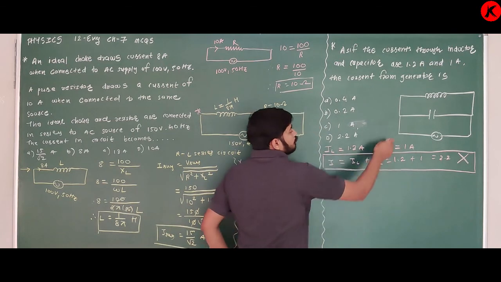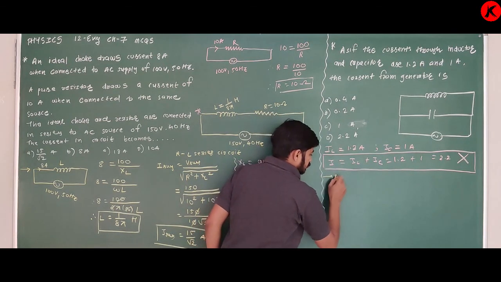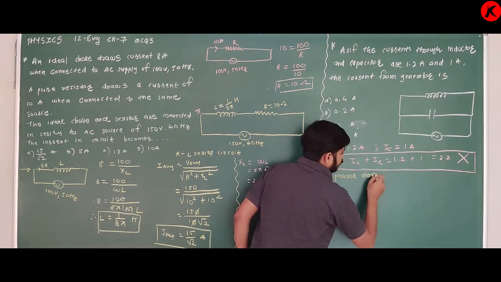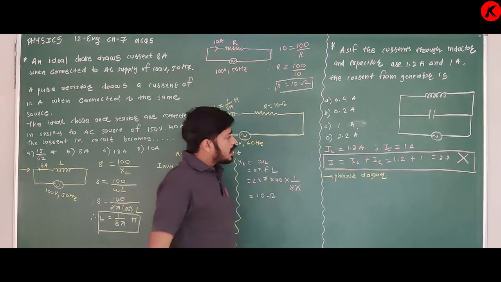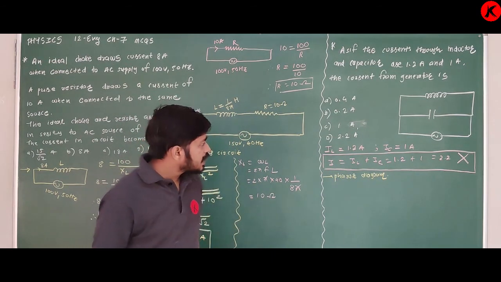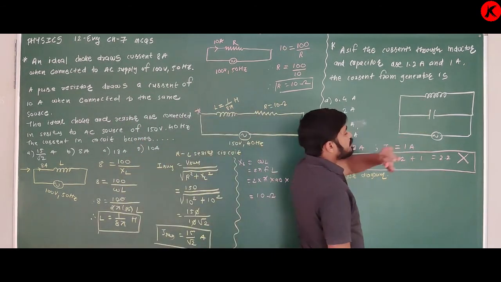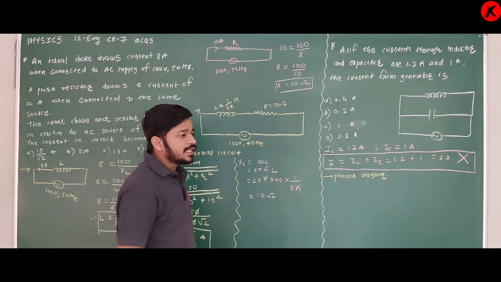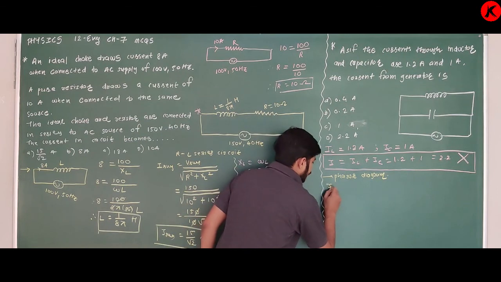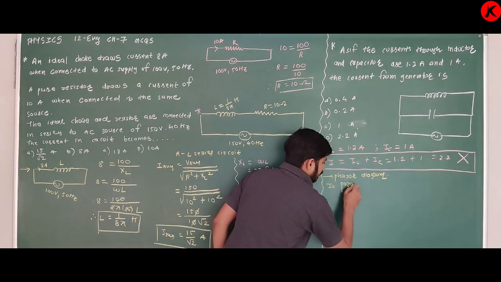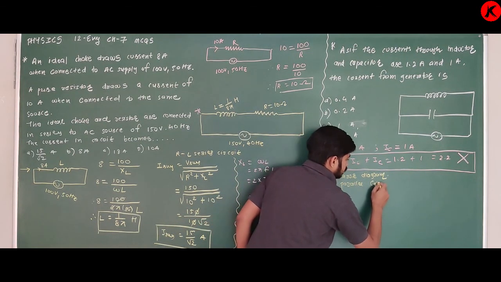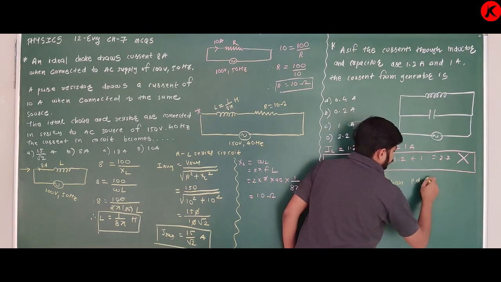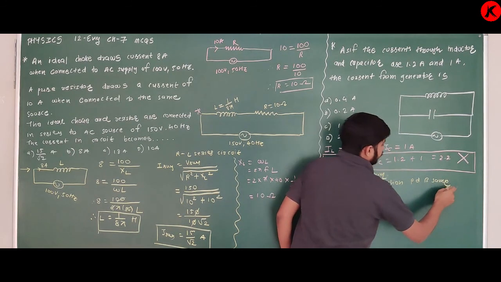First of all, I will draw the phasor diagram for this. How to draw the phasor diagram? This inductor and capacitor are both connected in parallel. In a parallel connection, the potential difference is the same.